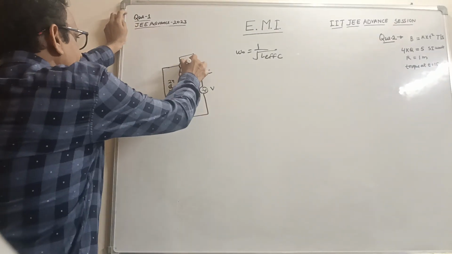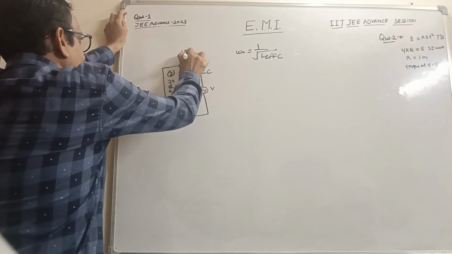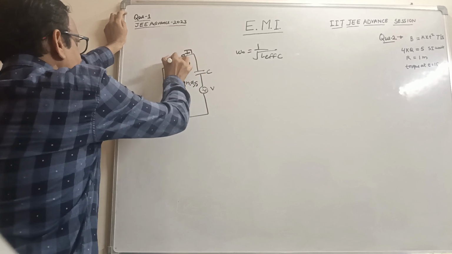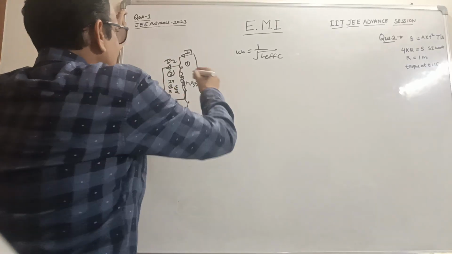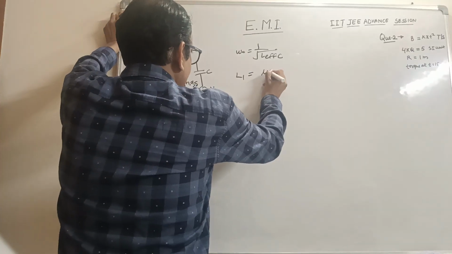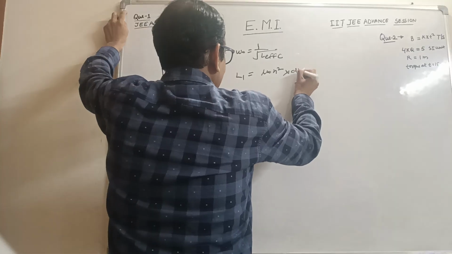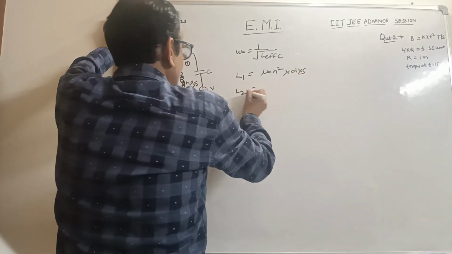So we say this is the first coil, this is the second coil, current I1 is flowing in the first, current I2 is flowing in the second. We write the self inductance for the first coil: mu naught n square into volume, and volume will be d into s. So this becomes L1.